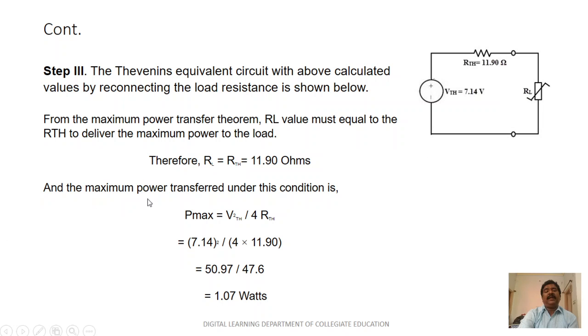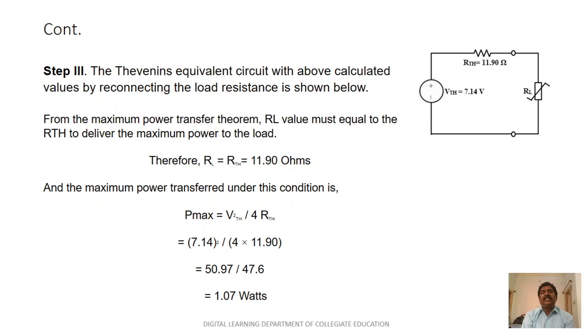The maximum power transferred under this condition is P maximum equal to VTH squared divided by 4 times RTH. Substituting the values, 7.14 squared divided by 4 into 11.90, gives 1.07 watts. This is the power delivered to the load. 1.07 watts will be the answer for the question.